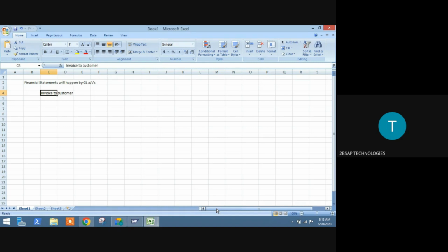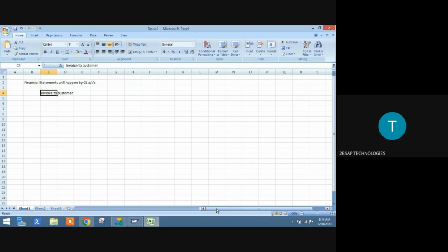Whenever you do a transaction, immediately the values also get updated to your general ledger. Clear, sir? This option is available only in SAP. None of the other ERPs have this option. So here what is happening? You are able to generate your financial statements in real time.